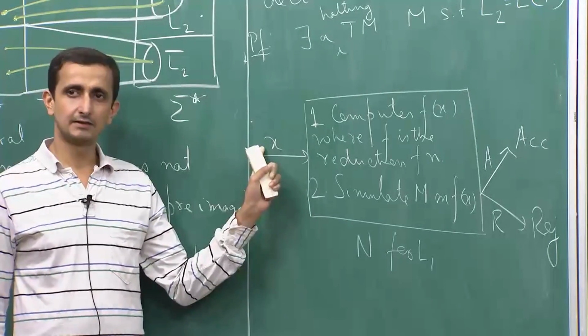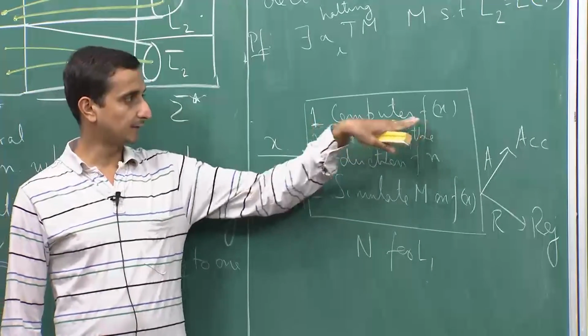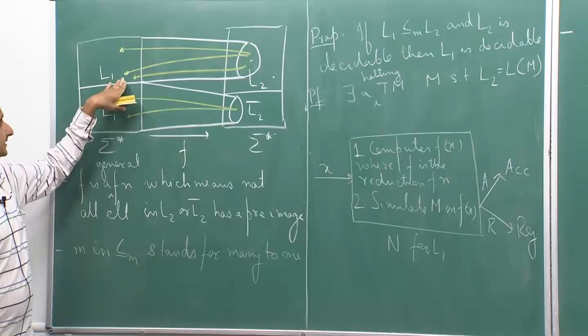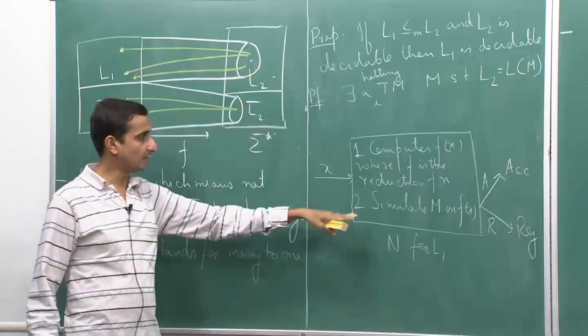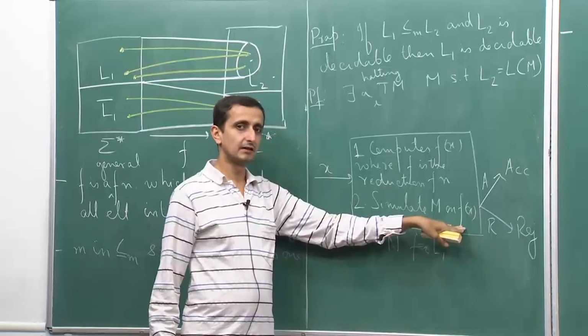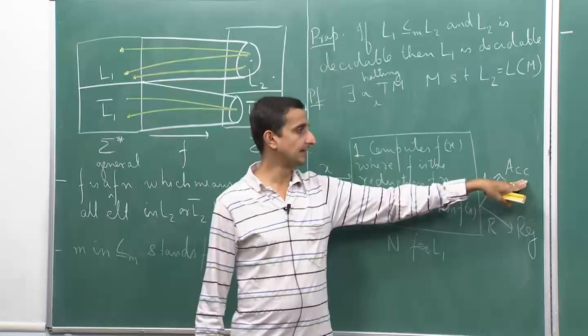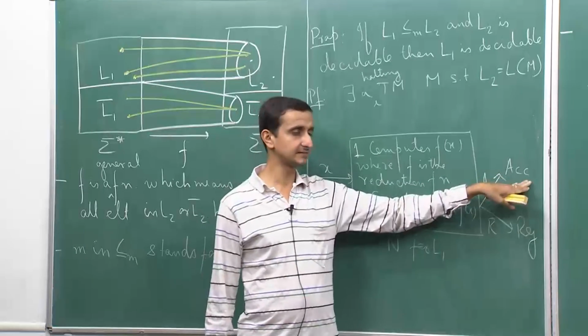So, let us prove why this is correct. Take any x. Suppose x belongs to L1. Then after I compute f of x, because f is a reduction, f of x must belong to L2. Now, when I simulate M on f of x, M accepts, hence I accept.